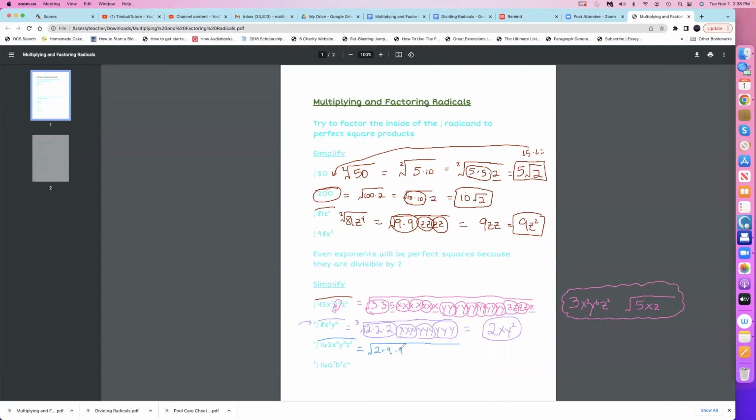And instead of 9, I can write 3 times 3. So I can write 3 times 3 times 3 times 3 times 2. 4 3s. And I have 5 x's. 3 y's. And 8 z's.